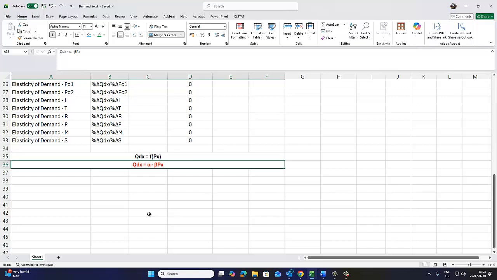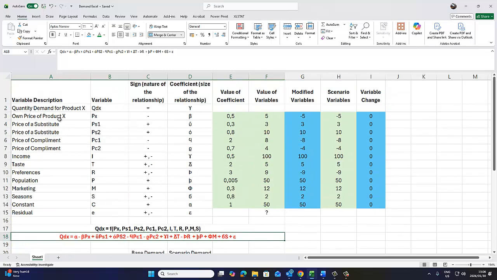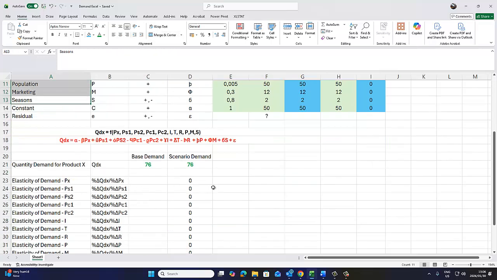Because remember, our demand graph consists of a y-axis and an x-axis. Only two-dimensional, so only two variables, the y variable and the x variable. So we cannot put this equation on a normal demand graph, because there are, what did we say, 1, 2, 3, 4, 5, 6, 7, 8, 9, 10, 11 variables.